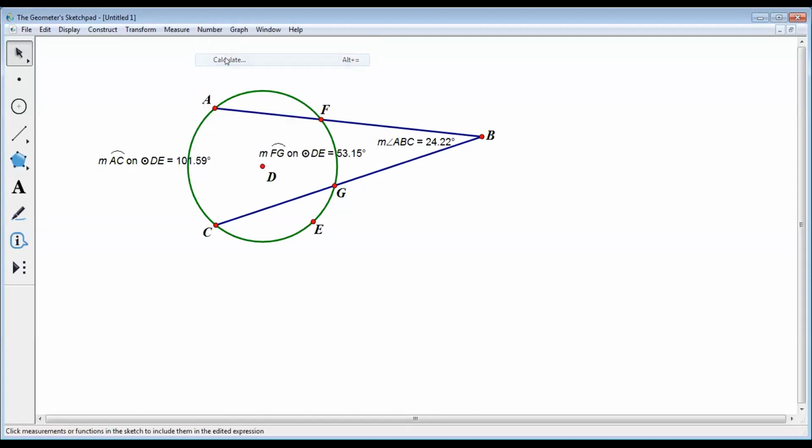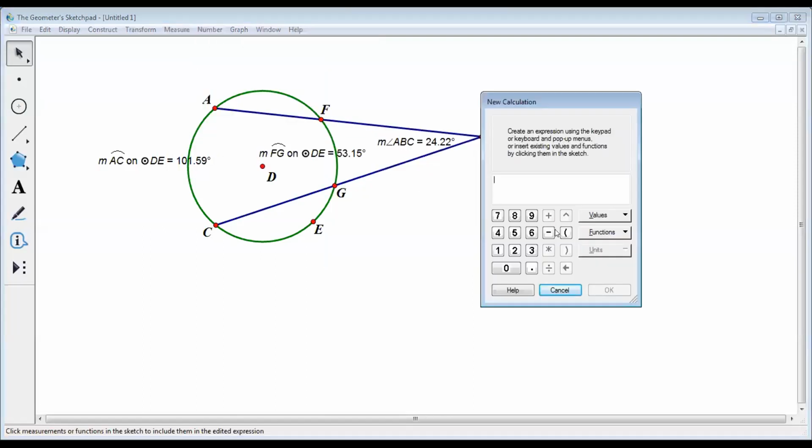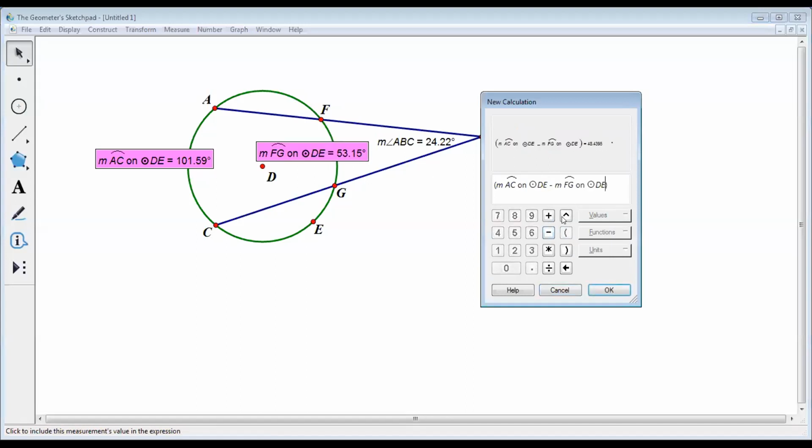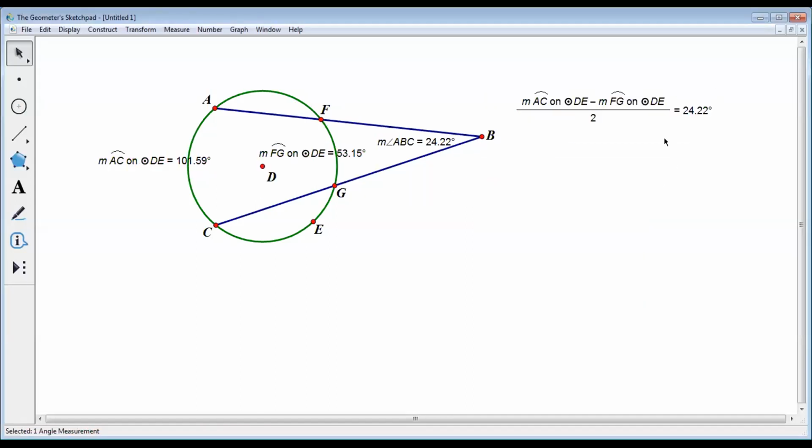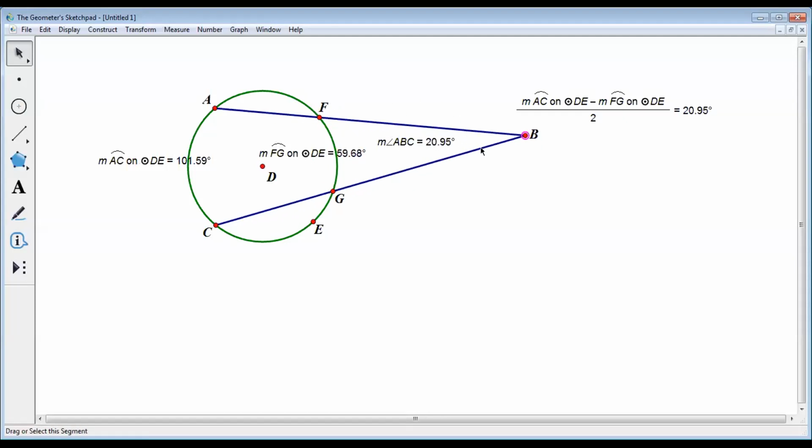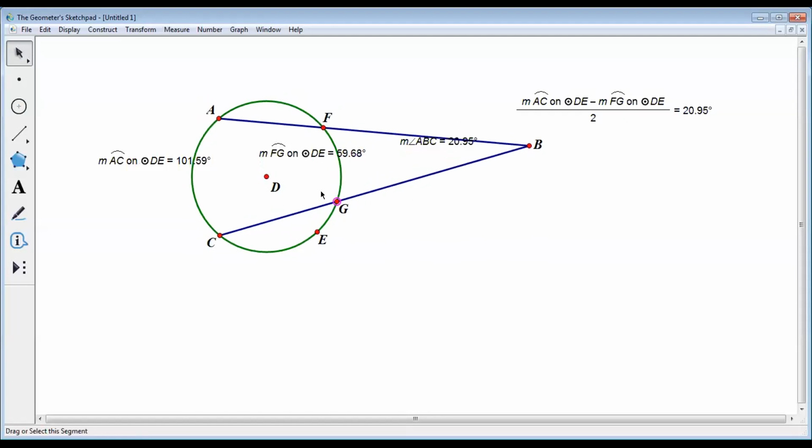Well, I will show you that this arc minus the smaller arc, divided by 2, is 24.22 degrees, which equals the angle. Wow, fantastic. And as always, I can move the points around, and that holds true.